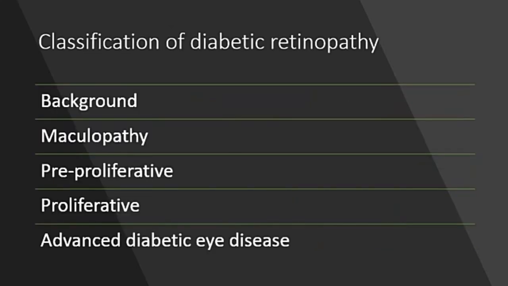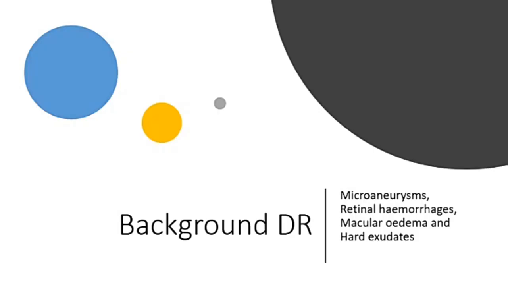I'm not going to talk more about diabetic retinopathy as a disorder because that's been covered elsewhere. I'm going to launch straight into the different classification types of diabetic retinopathy, and these include background, maculopathy, pre-proliferative, proliferative, and then finally advanced diabetic eye disease.